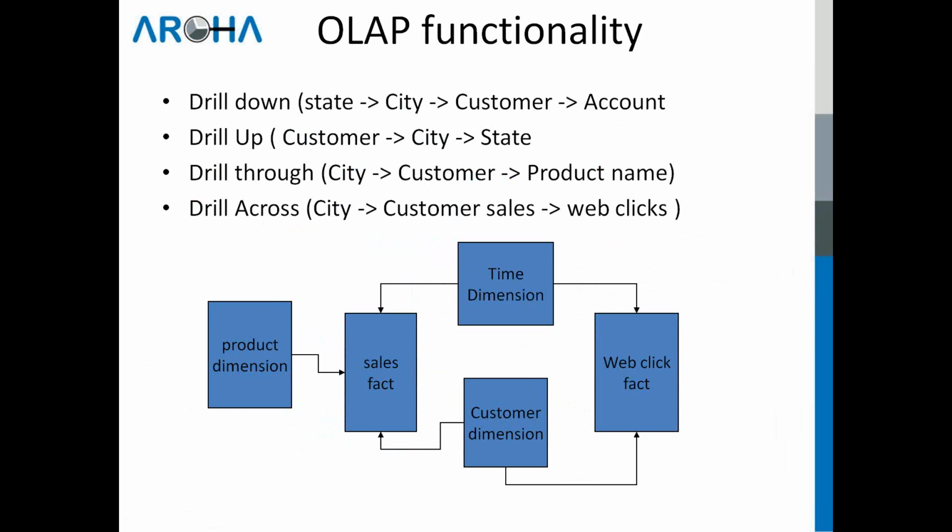Okay, so assume you have 20 reports, and those 20 reports are not helping you get your job done today. So what you do is you create another report. That report is called an ad hoc report, and that can be done only with OLAP functionality, not on operational functionality.